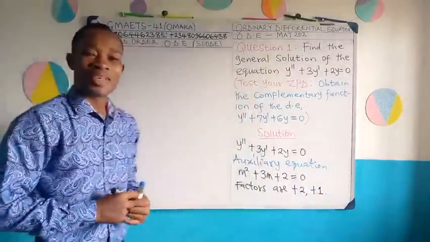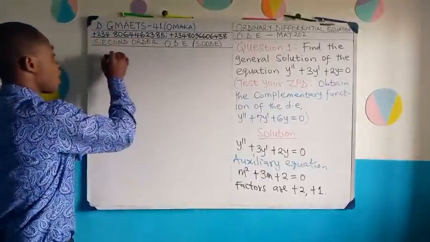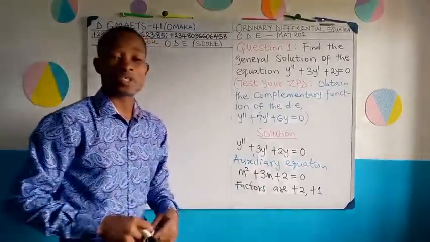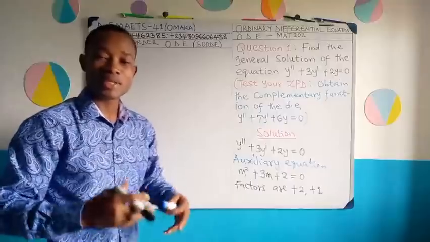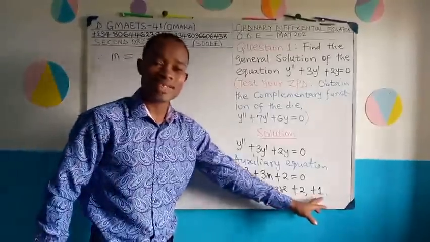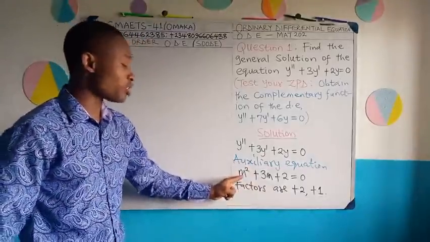So what do we do? We are going to obtain the roots of this equation now. Therefore, m is equal to... once you get the factors of a quadratic equation, to get the roots, the zeros of that quadratic equation, all you need to do is change the signs of the factors and divide by the coefficient of m squared.